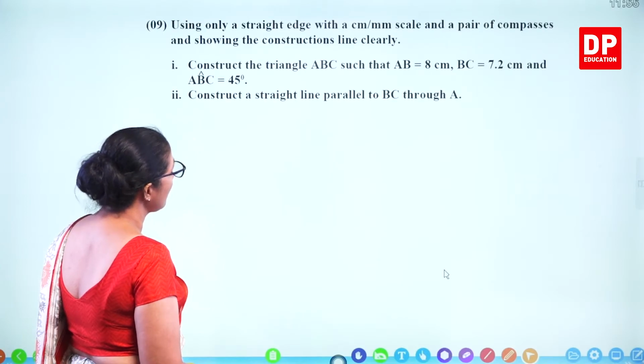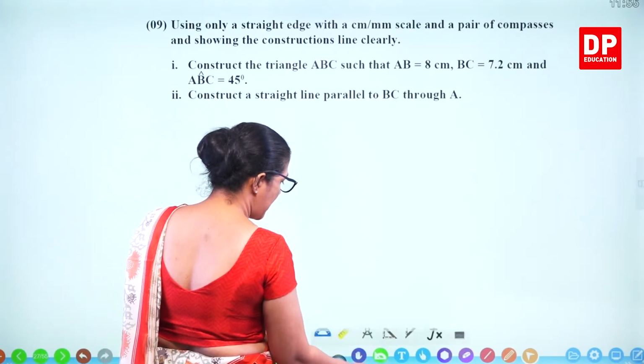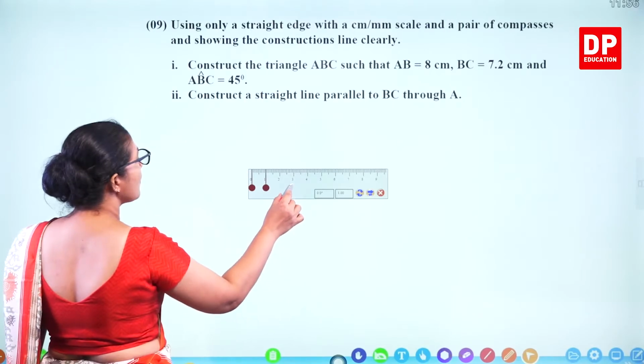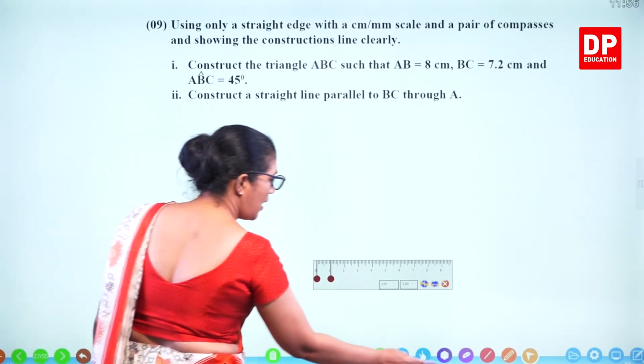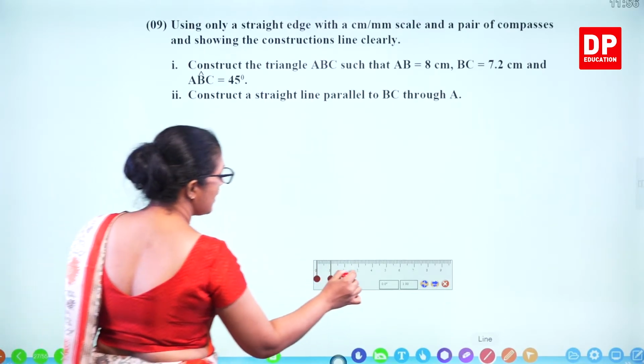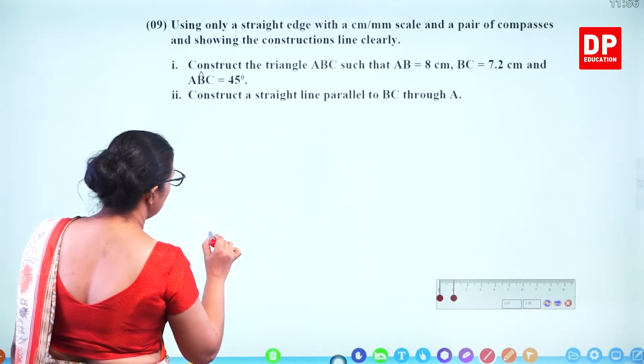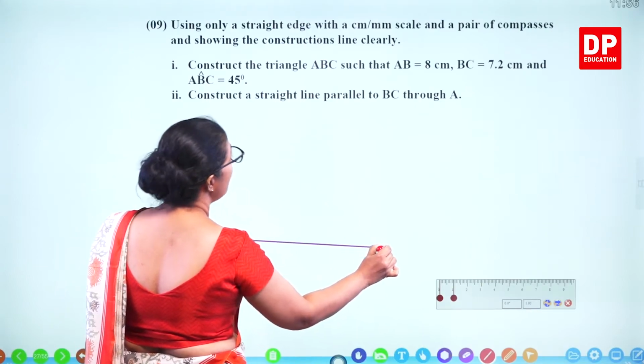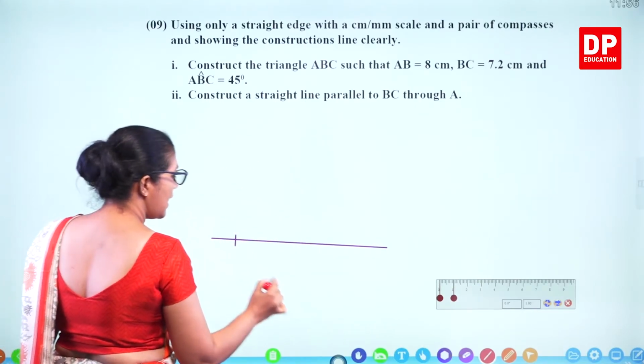Okay. Now we'll take the ruler and first draw the straight line. And then you can mark the point A here.